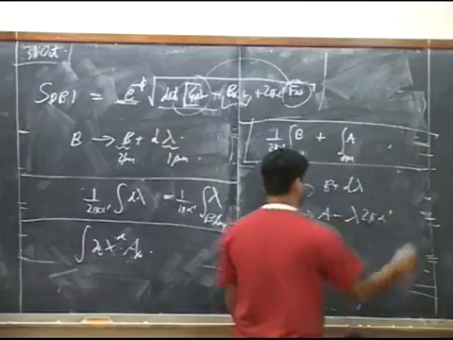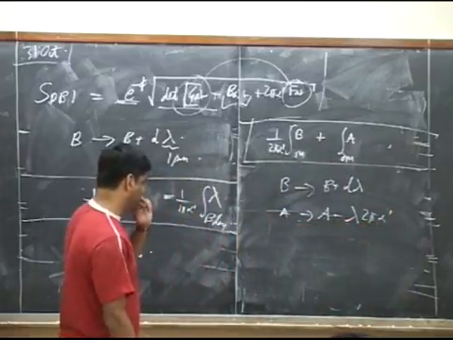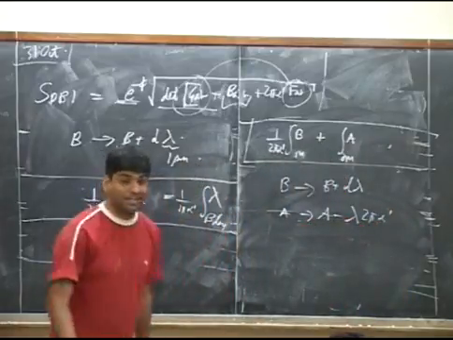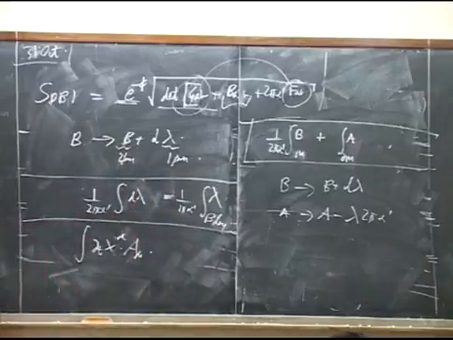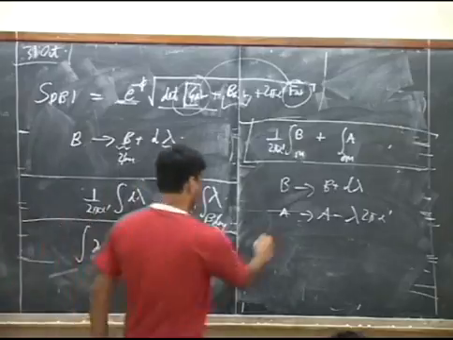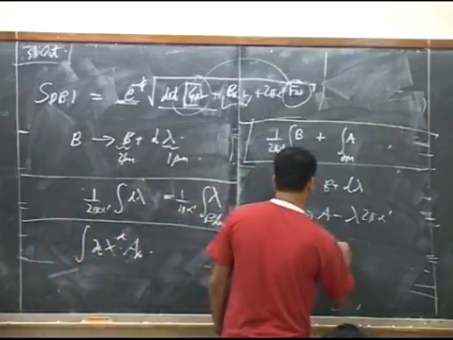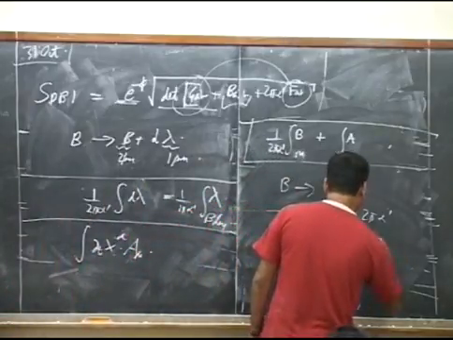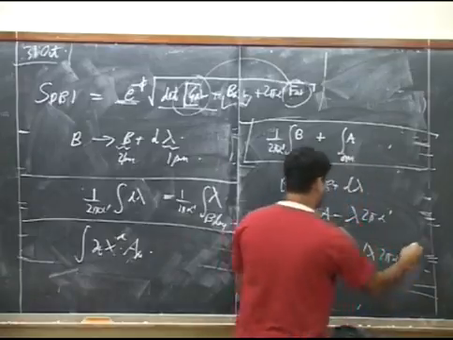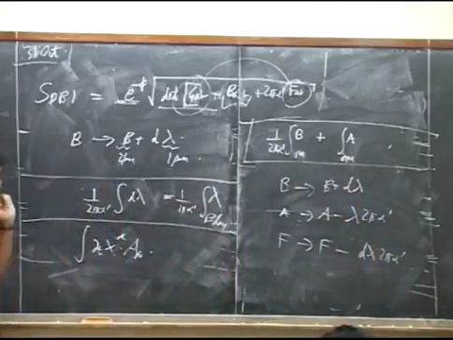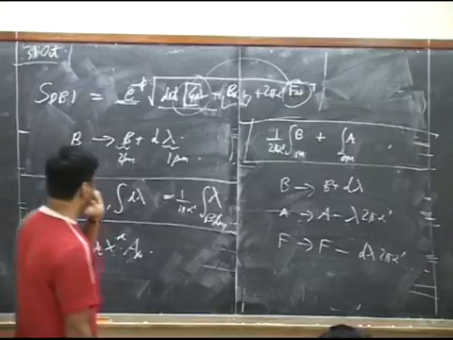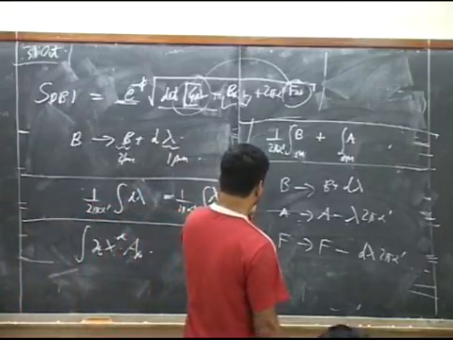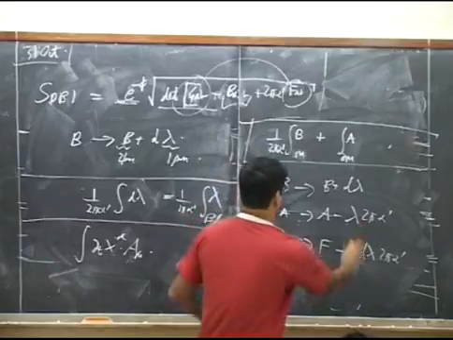A goes to A minus lambda is not a usual gauge transformation. In fact, under this transformation, F goes to F minus d lambda, with 2 pi alpha prime to the right of this.